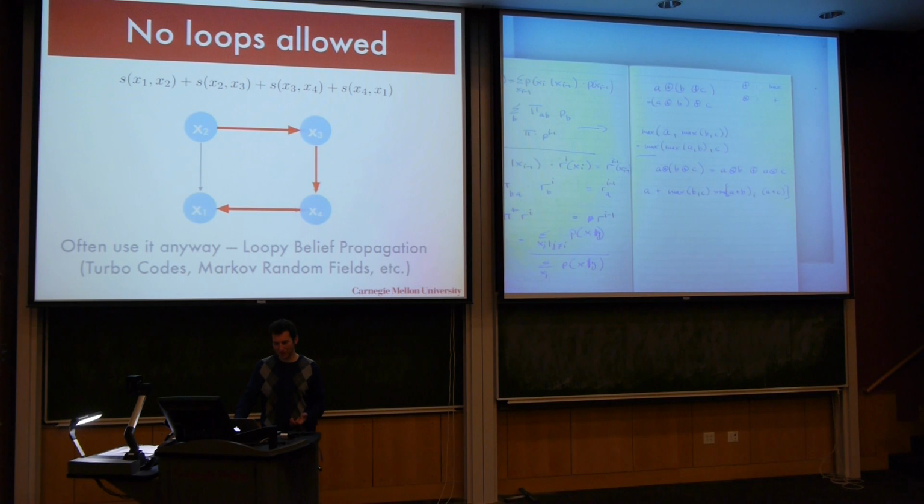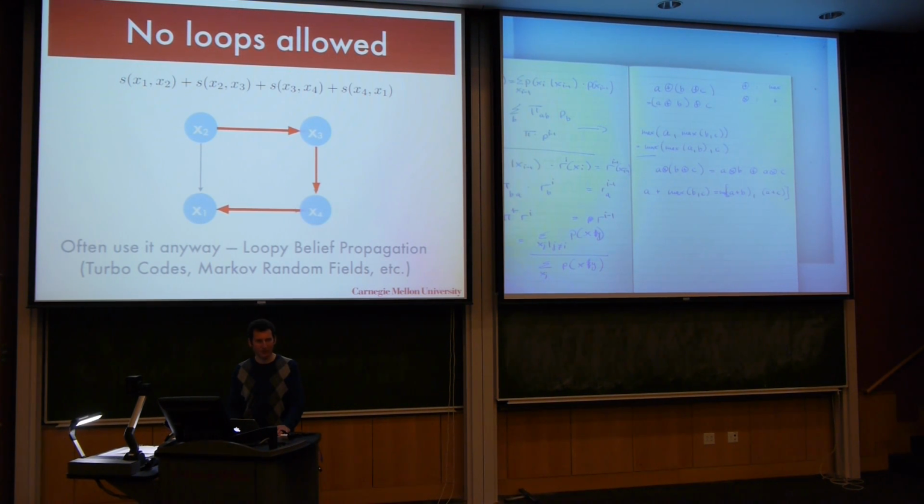But quite often people just do that anyway. And this is called loopy belief propagation. In very large graphs, this is not the most horrible thing to do. And there is some theoretical argument why, under certain circumstances, the outcomes are not quite as disastrous as they would appear.